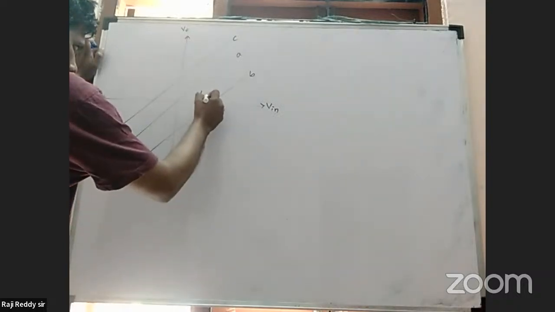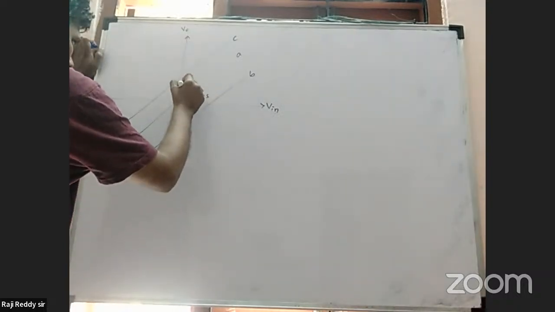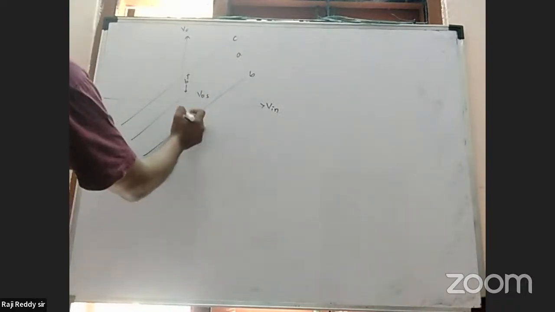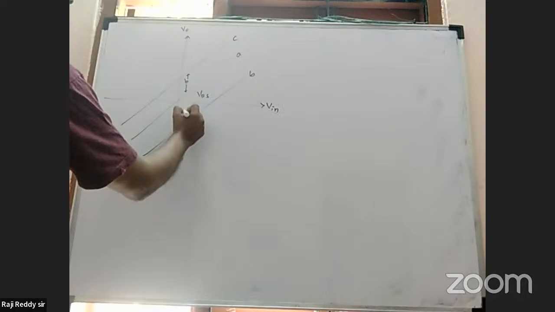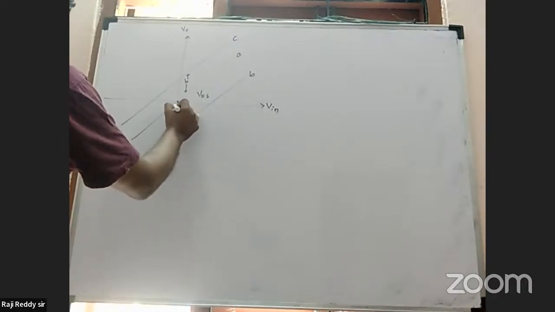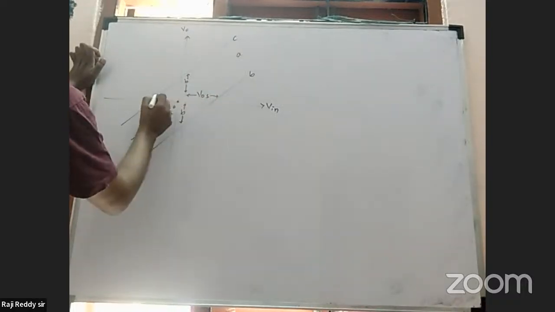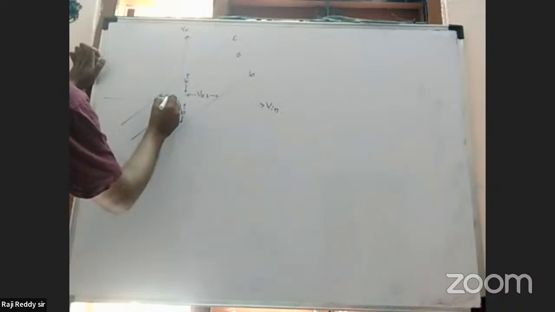VOS here, this value is a width B. Now you can take the same width B here. This is the origin O. VOS positive value here, VOS negative.